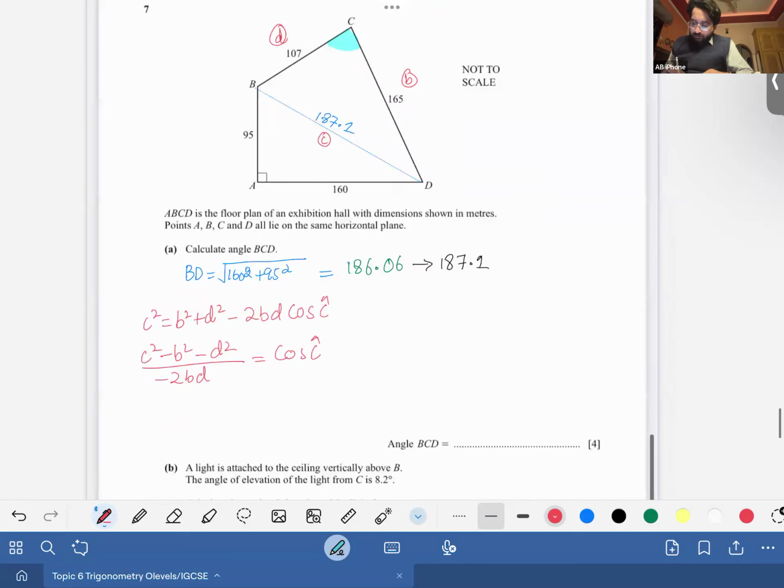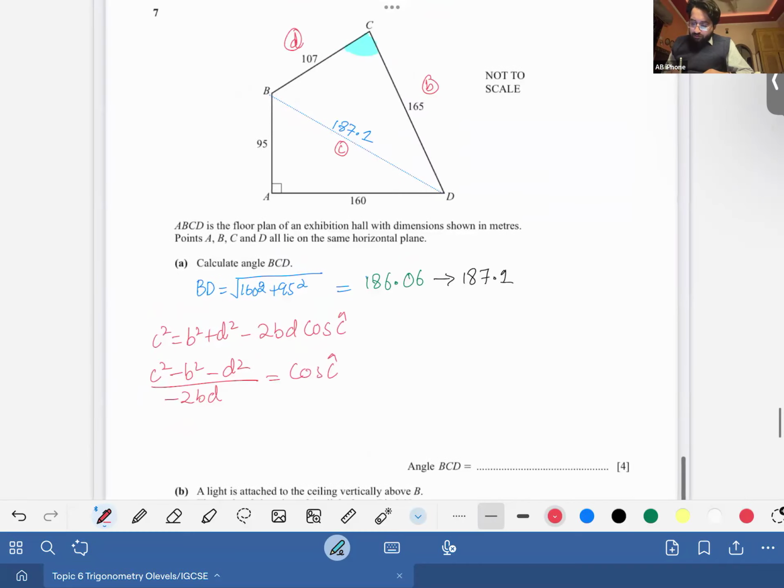cos c का इनवर्स लेना है तो c इज इक्वल टू cos इनवर्स ऑफ c स्क्वायर इज 187.1 square minus 165 square minus 107 square divided by minus 2 into 165 into 107.